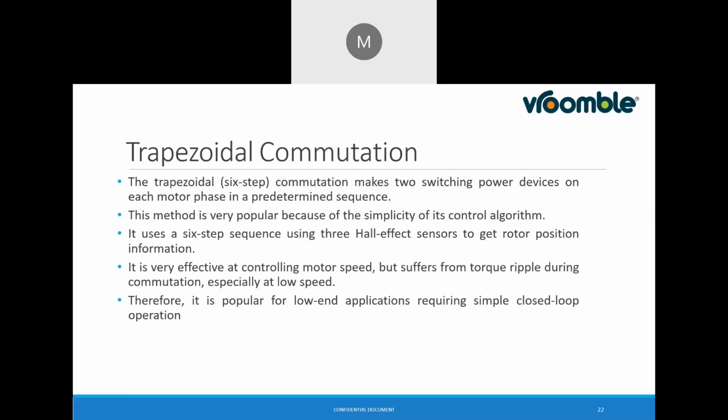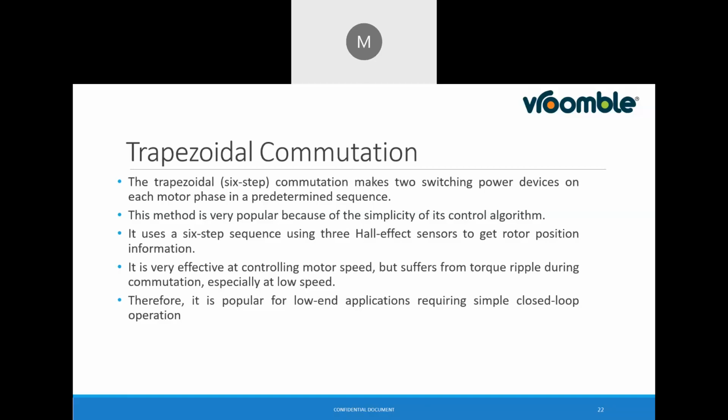So what happens in trapezoidal commutation is, first of all, when you are using a magnet inside the motor, the magnet and the stator pole pairs create a magnetic lock. So when the magnets and the stator poles are at 90 degrees, then it becomes very difficult to shift the position of the rotor from that position, and that is known as cogging torque, or in simpler words, a magnetic lock.